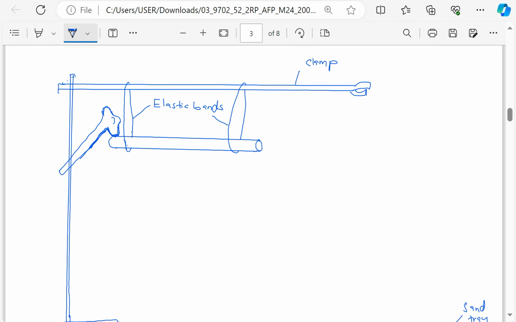Okay, so this is going to be the hammer. I don't know whether this is the spelling of hammer. This is going to be the stand. This is going to be the metal rod.